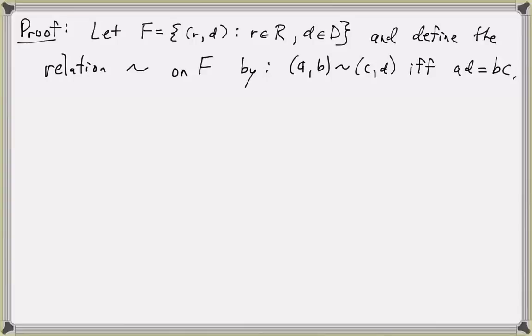Now we're dealing with an arbitrary ring, so we have the product ad equals bc if and only if two ordered pairs are related. Then this relation is an equivalence relation.